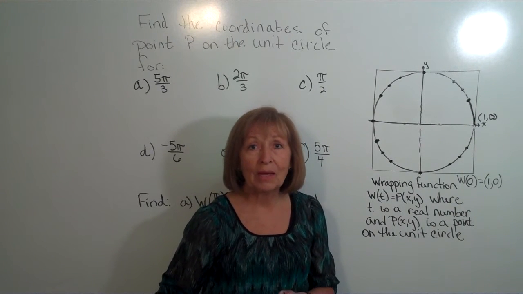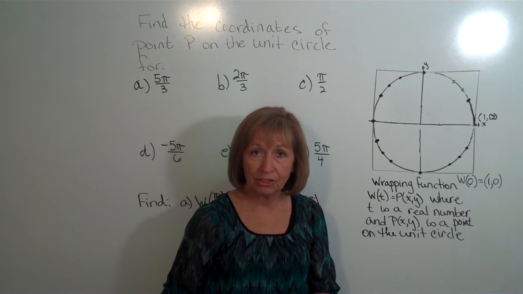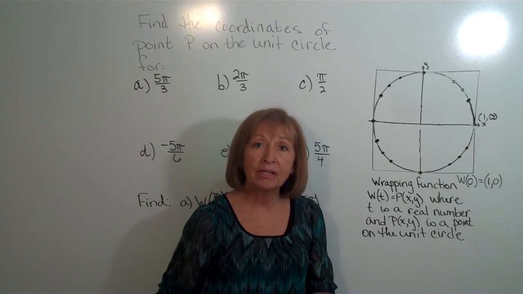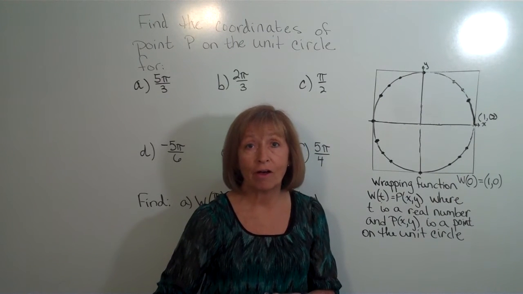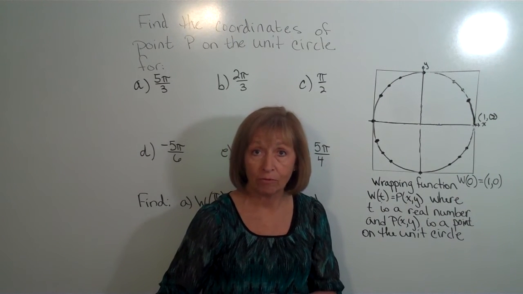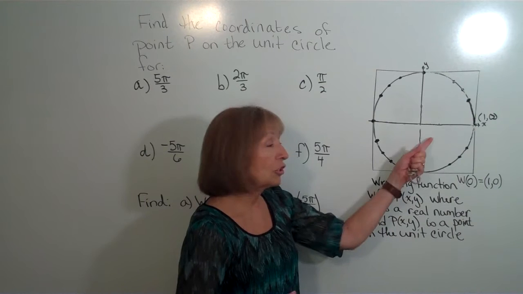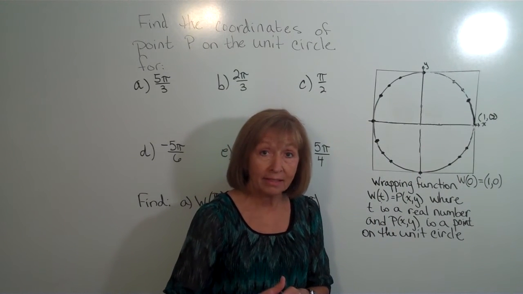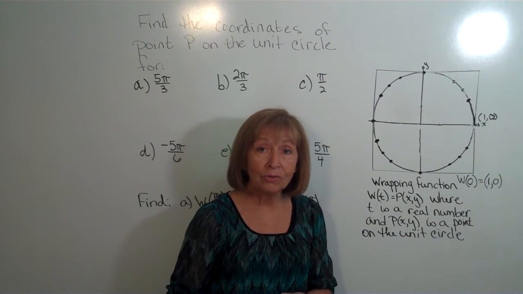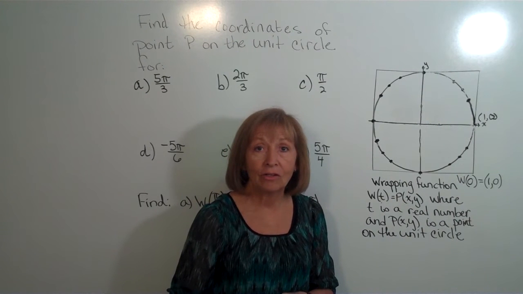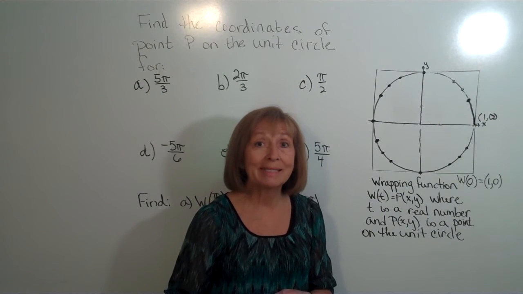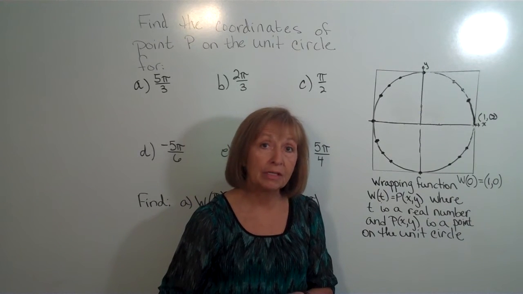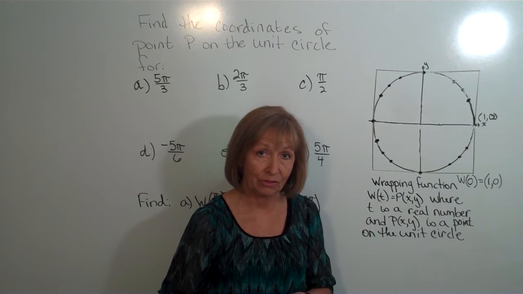Also remember that when we did the trig ratios, our cosine of our angle was x over r, and our sine of our angle was y over r. Well, if it's the unit circle, r is 1. So the cosine of an angle when we're dealing with the unit circle is going to be the same as the x coordinate of the point on the unit circle.